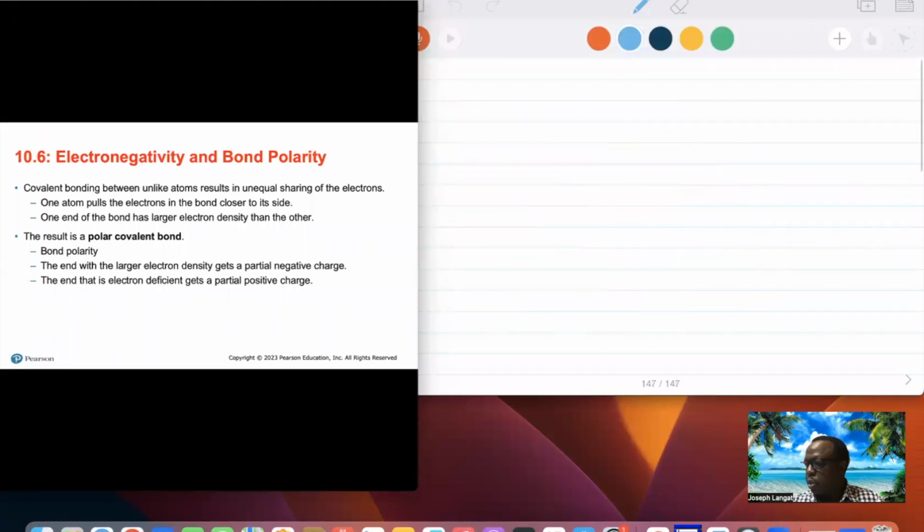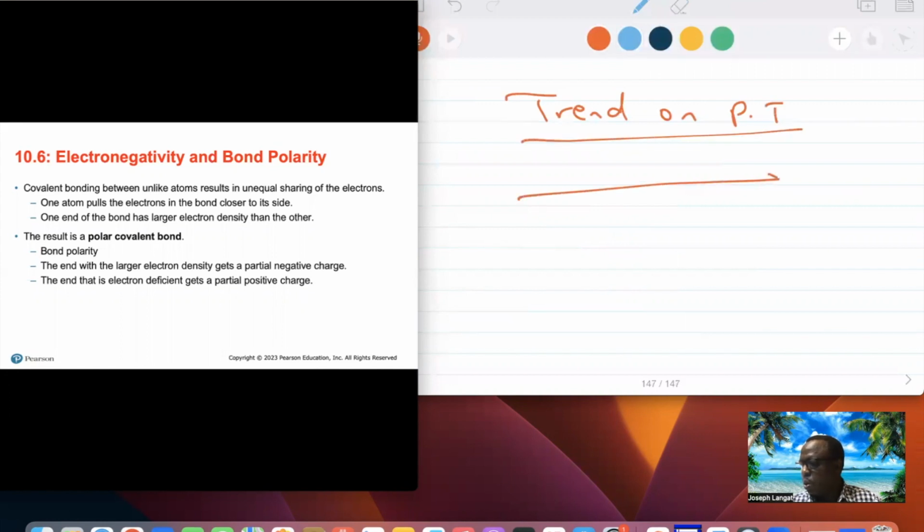Now, electronegativity trend, even though we're going to come back to this, but let's see the trend on the periodic table.